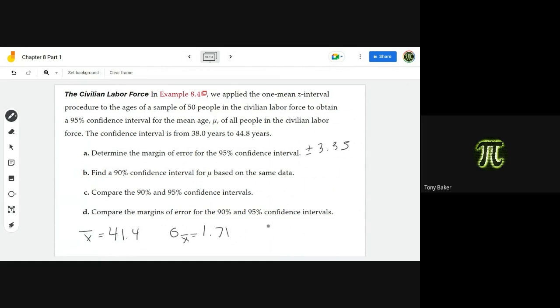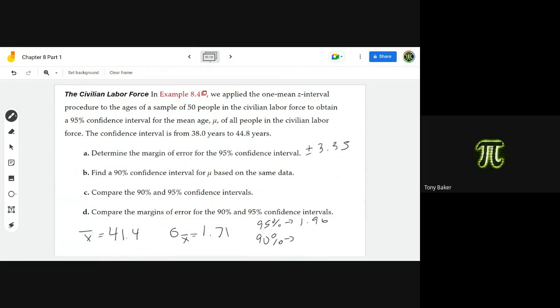All right, so 95% was 1.96. What's 90%? What's the Z-score for 90%? 1.29. What number did you look up? What should you have looked up? 0.05.